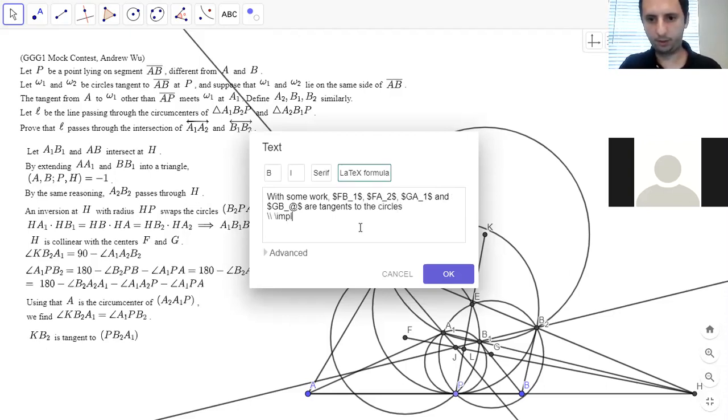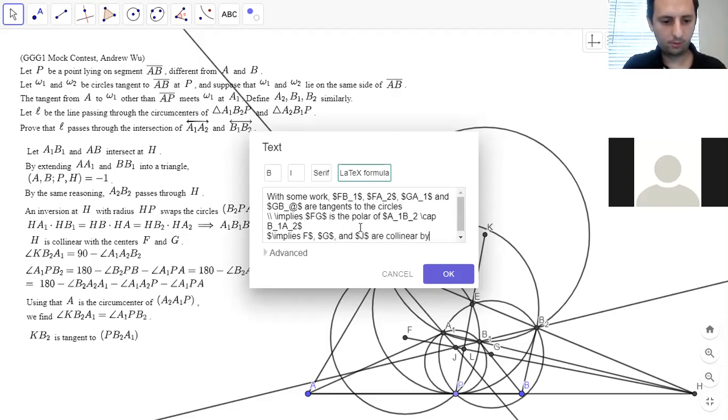And so that means that FG is the polar of A1 B2. And that means that FG and L are collinear by Bricard's. I'd probably say FG and J. All right.